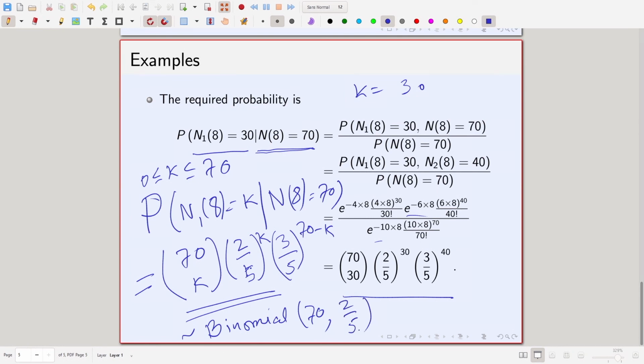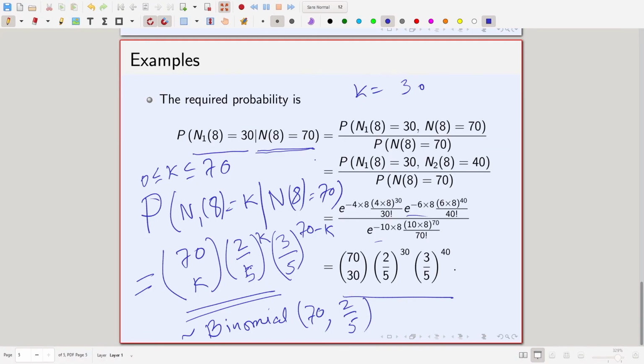Again, it's very intuitive because 70 customers came to the restaurant yesterday, and you are trying to find out if each customer is female or not. So female is the success probability. Among 70 customers, what is the probability that you have 30 successes? That's just the setup of binomial.